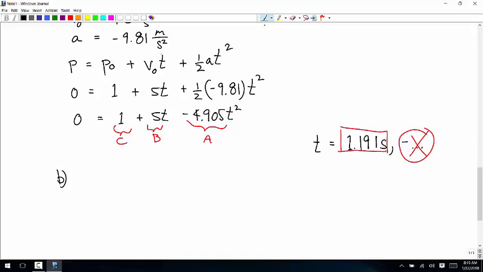In this one, I worded it "just before it hits the ground," which is kind of an indication that we're not worried about anything that happens when it hits the ground. But even if the wording says "what's the velocity when it hits the ground," our equations can't take into account the object actually running into the ground.